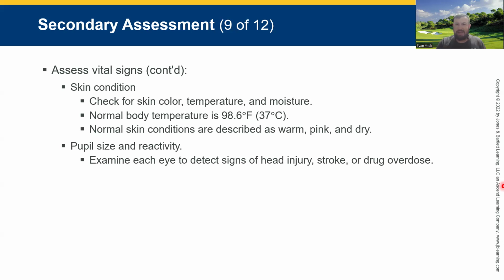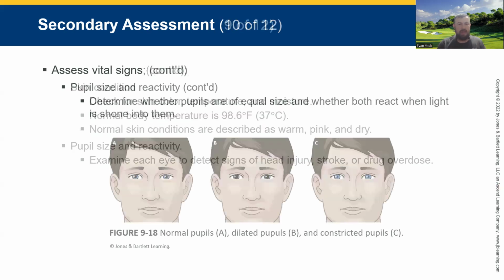We want to note what size it was with and without that light. I'm not going to go into all the detail right now on what each one means, but it is important to see that. We want good reactivity. We really don't want slow. We don't want different sizes. We just want normal reactivity to light.